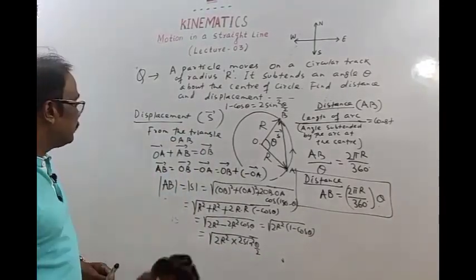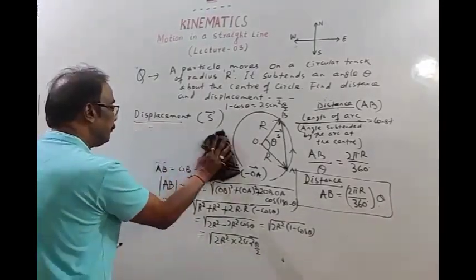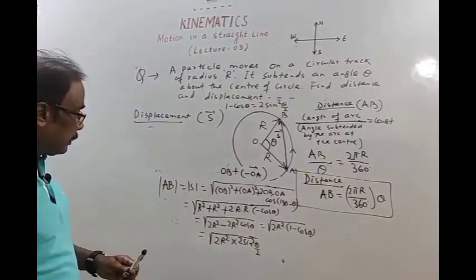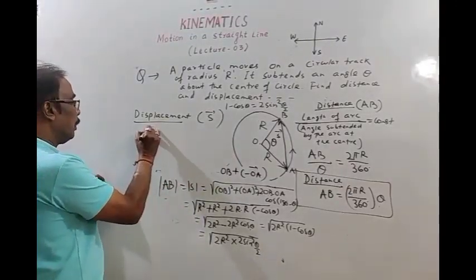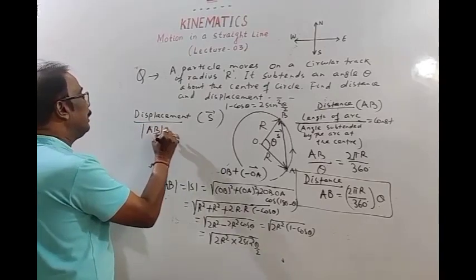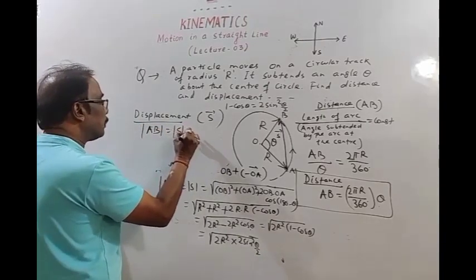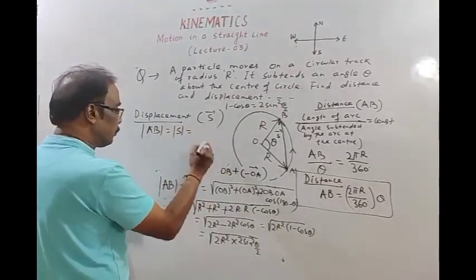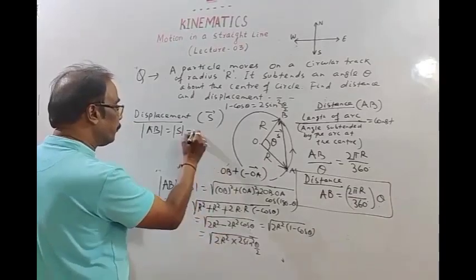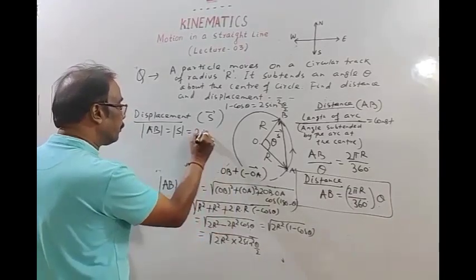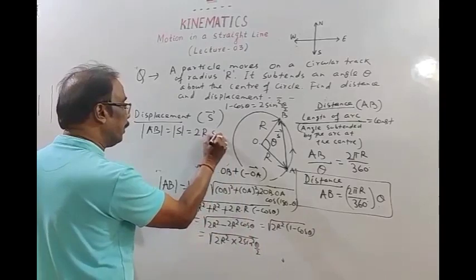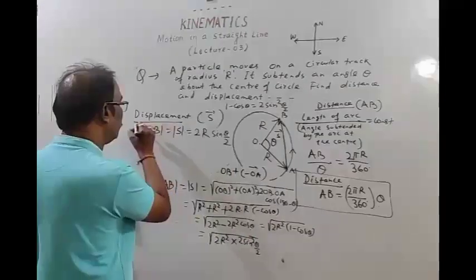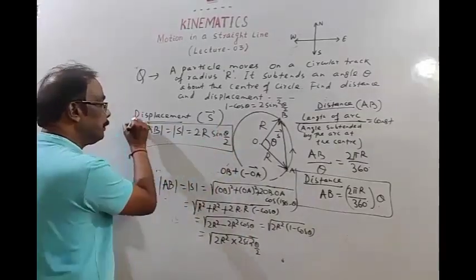If theta is the angle subtended at the center, then the magnitude of displacement S is equal to 2r sine theta by 2, since the square root of 4 is 2. This is the formula for displacement.